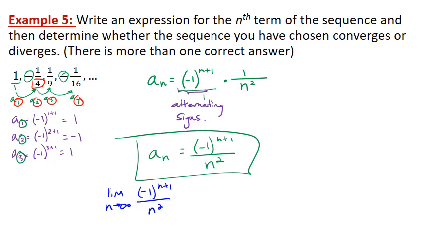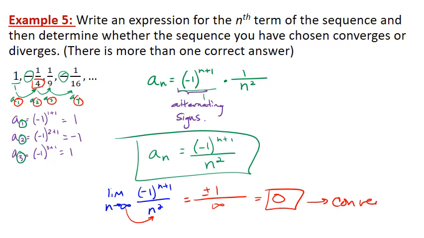We already established that. So this limit is going to have either a positive or -1 on top. And if I plug infinity in down here, infinity squared is infinity. Well, if this is getting bigger and bigger and bigger, this fraction is approaching 0. So the limit exists, it's 0, which means our sequence here converges.